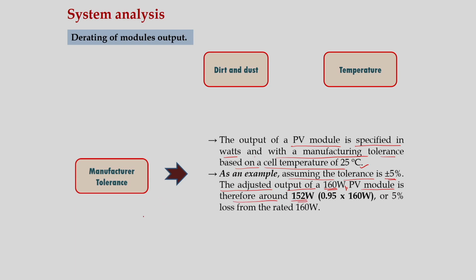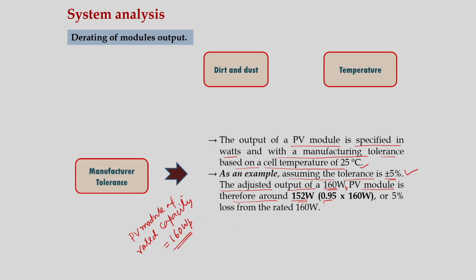So, here we have considered a PV module of rated capacity 160 watt peak. Okay. If 5% is the manufacturer tolerance, then what will happen?